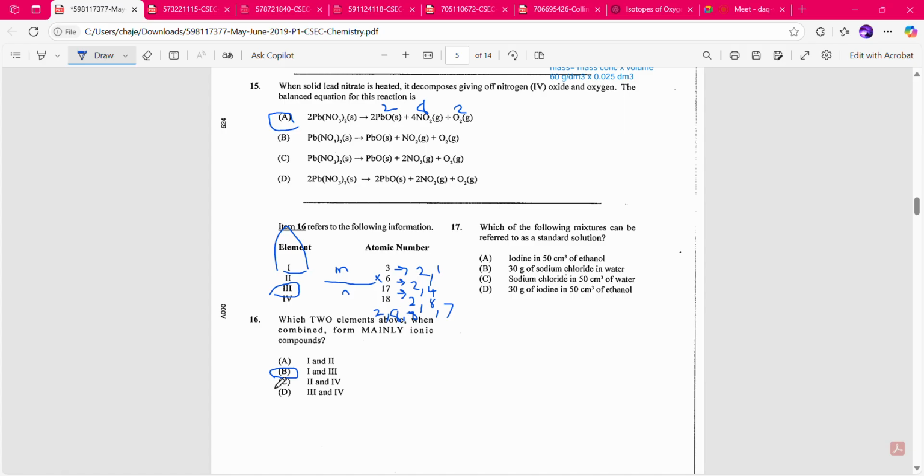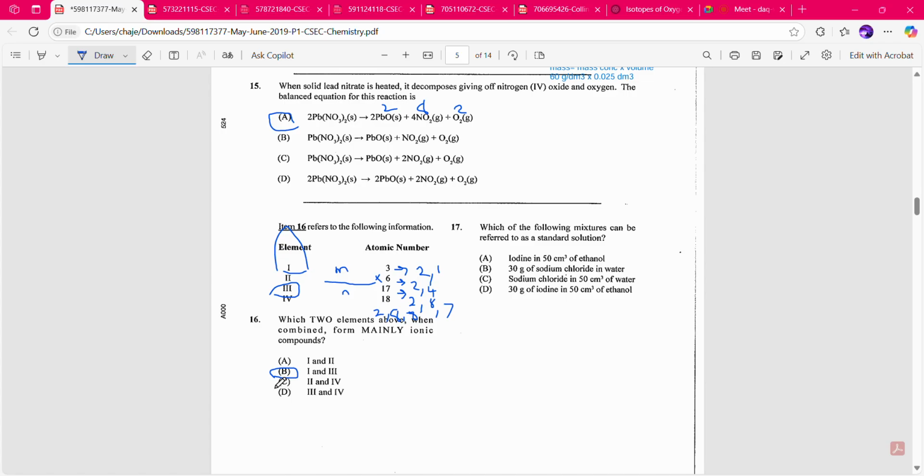Number 17, which of the following mixtures can be referred to as a standard solution? Iodine in 50 centimeters cube of ethanol, 30 grams of sodium chloride in water, sodium chloride in 50 grams of water, 30 grams of iodine in 50 centimeters cube of ethanol.